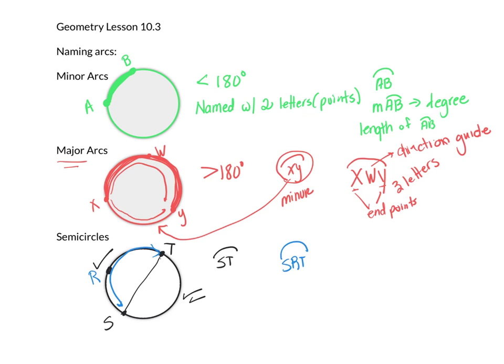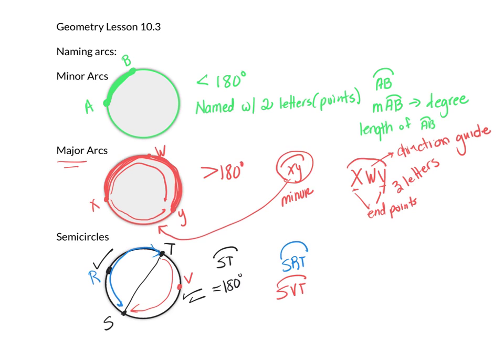If I put, let's say, a V in here, then this piece of my circle I would name as SVT. And that would specifically define for the reader which piece of the circle we're talking about. Now true, both of these do equal 180 degrees.